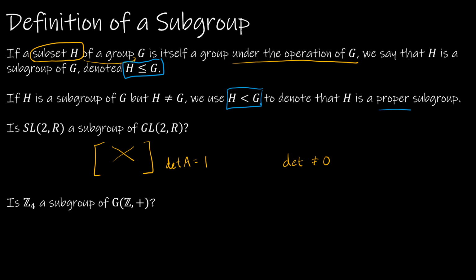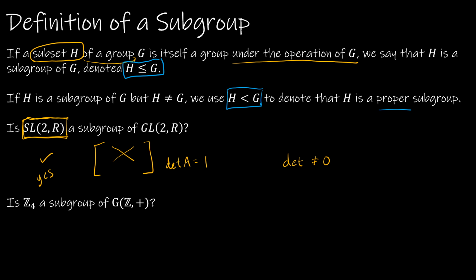Now, I don't have to do any checks on this one because we've already talked about the special linear group, and it is in fact a group. So is it a group? Yes. Does it have elements from the general linear group? Yes. So this, yes, is a subgroup. Now, I cheated a little bit because I didn't have to check any of the properties, but that's because we already knew that this was a group from our previous study.